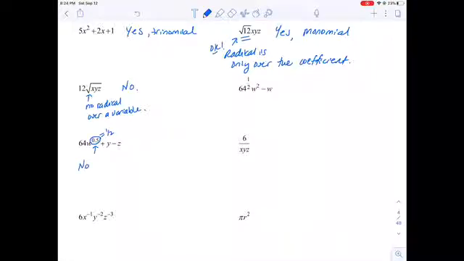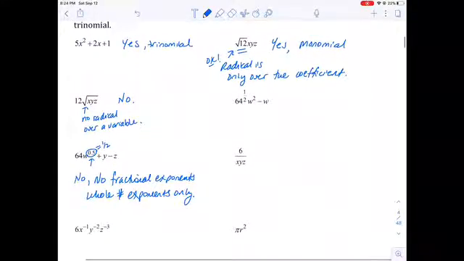This is a no, okay? Because no fractional exponents, right? Whole number exponents only, okay?